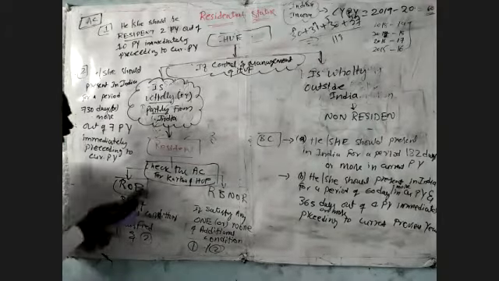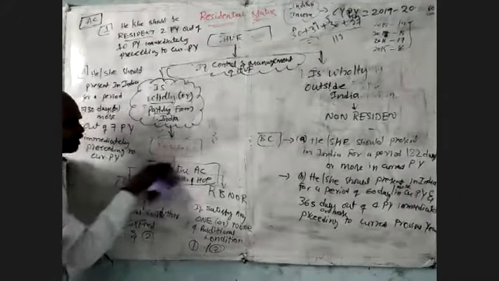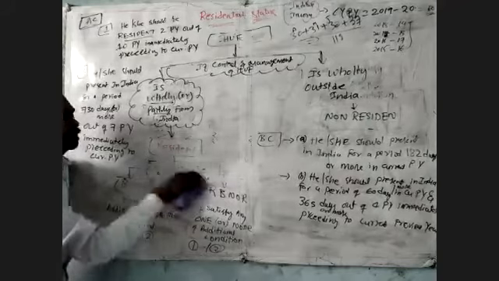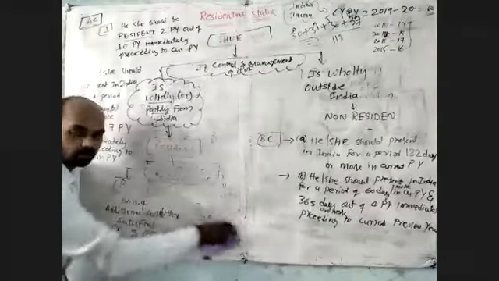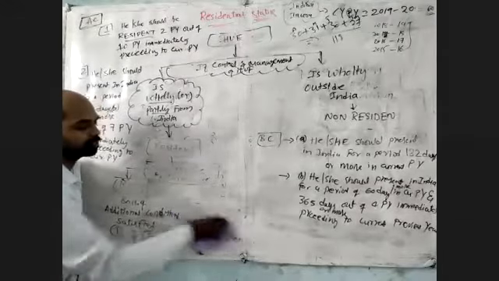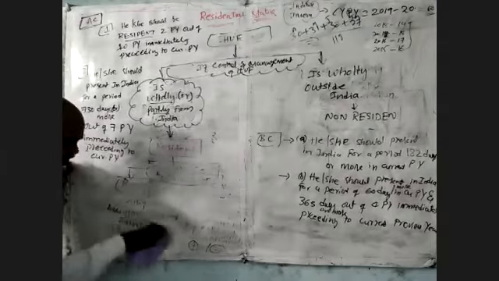For others, there is no concept of ordinary and not ordinary. This applies to firm, LLP, AOP, BOI, local authority, AJP, all these. For all these, we need to see the control and management. If wholly or partly from India, then they will become resident. If wholly outside India, then they will become non-resident.